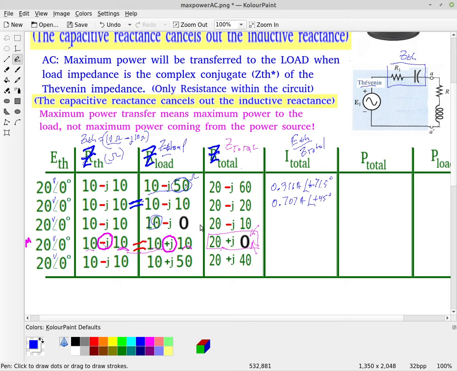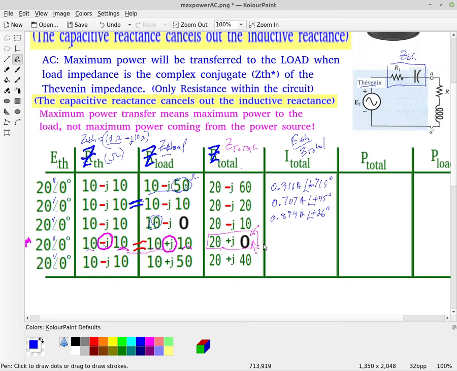Okay. In the next case, this was the case where the load had no reactance at all. So my total impedance is 20 minus J10, and that's going to give me 0.894 amperes with an angle of positive 26 degrees.